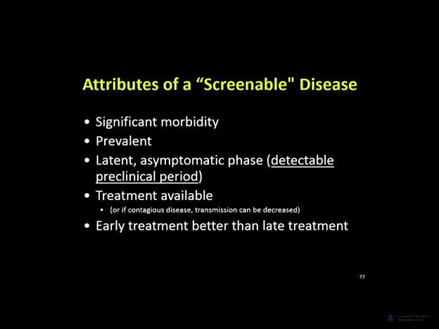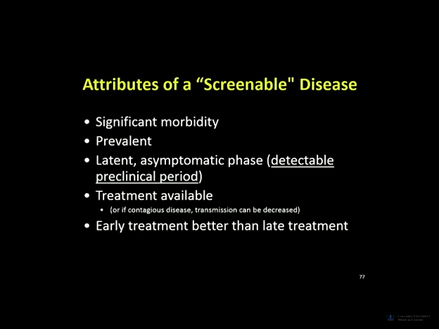You want it to be a prevalent disease, that it's worth investing in. It's a problem in society. And you want to have a disease that has a latent asymptomatic phase, a detectable preclinical period. Really fast-moving diseases, probably not worth having a screening test for. And you want there to be a treatment available.